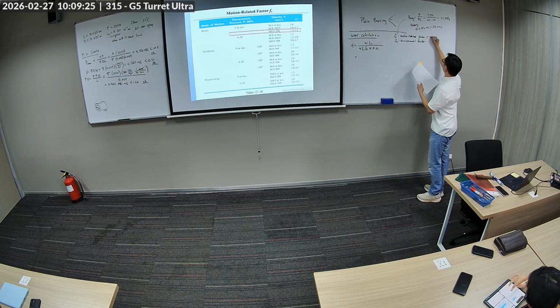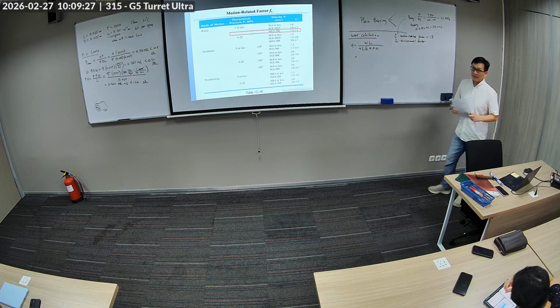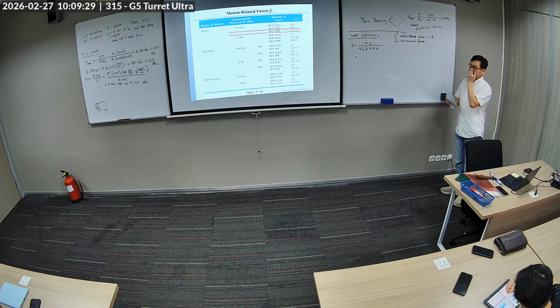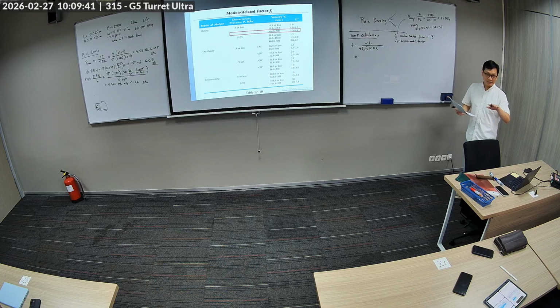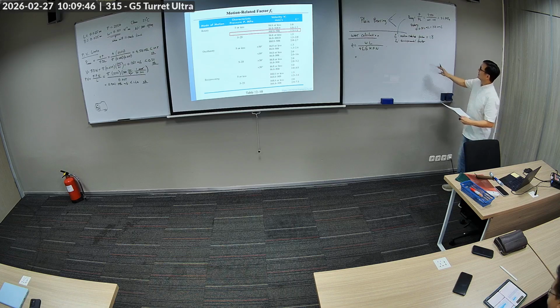So I'm going to select my F1 as 1.8. The range is 1.3 to 1.8. You can use 1.5. It's kind of an estimate. And if you're bothered by that, you're in the wrong major. You should go to science rather than engineering.